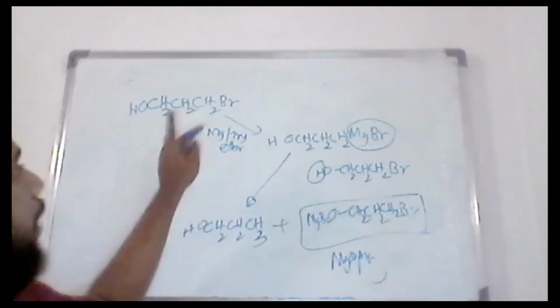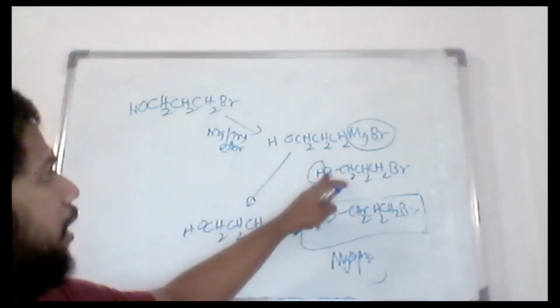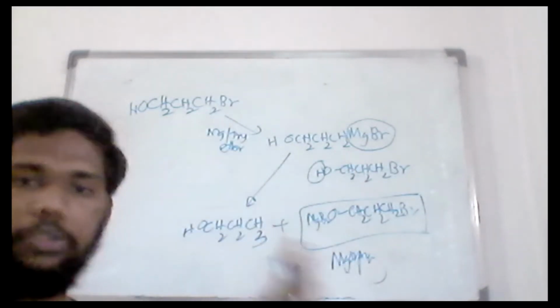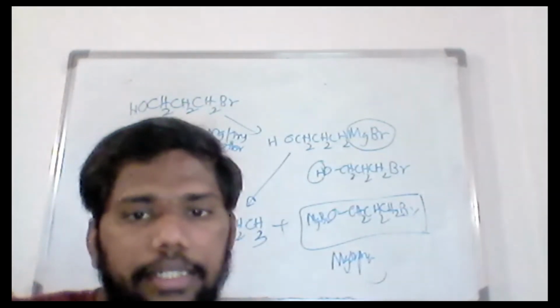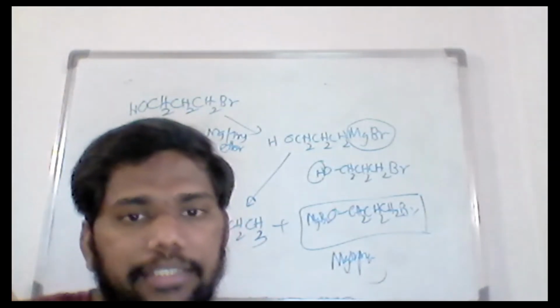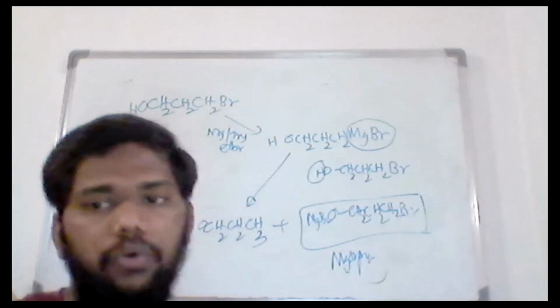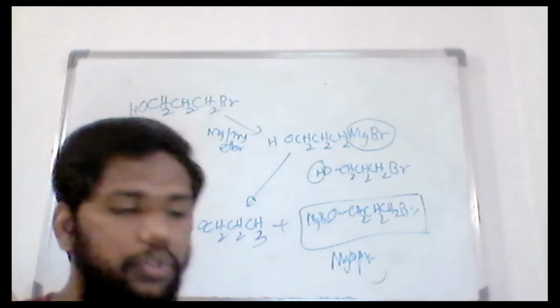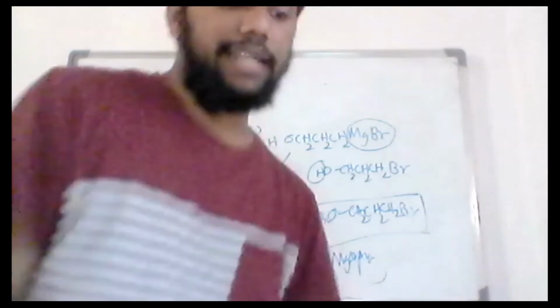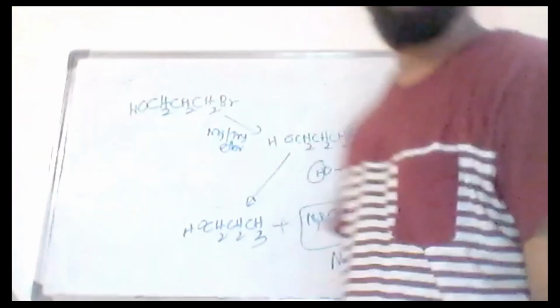Now this Br again reacts with MgBr and is again replaced by another one. So continuously it is broken. Okay, and the second question is, provide a mechanism for chlorination of benzene. This is very straightforward. This one you should know very well at this point of the discussion.